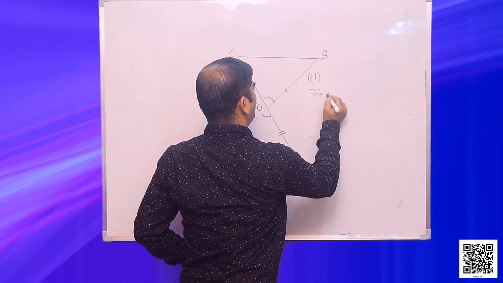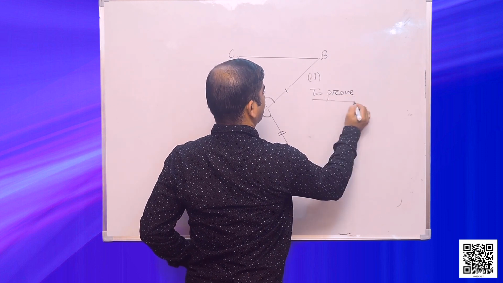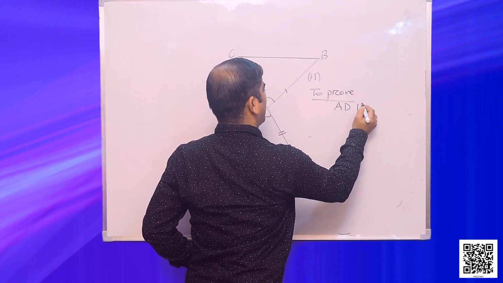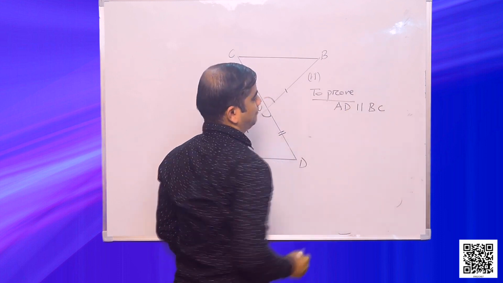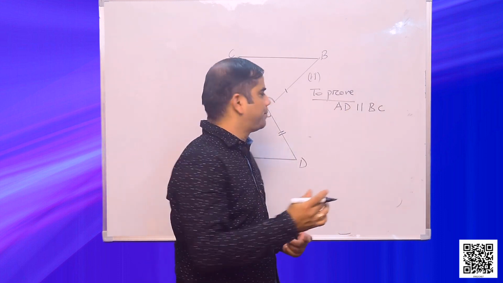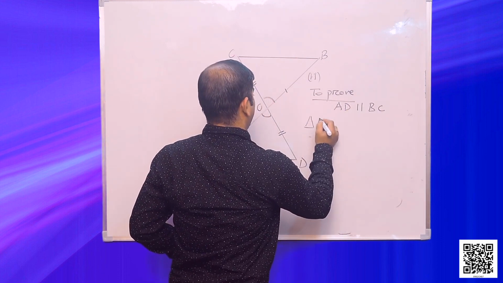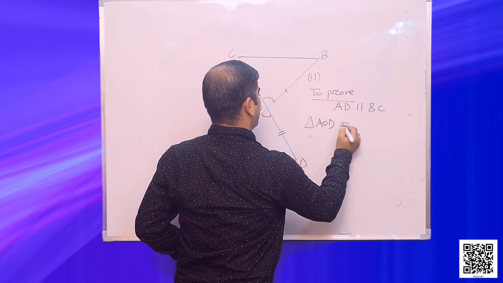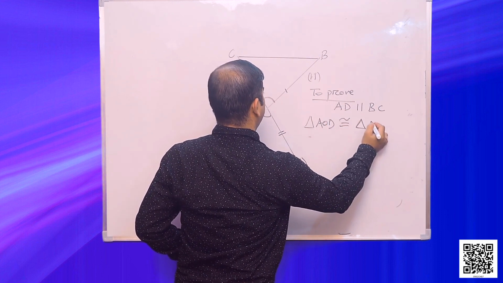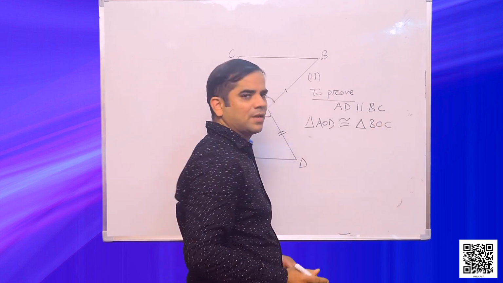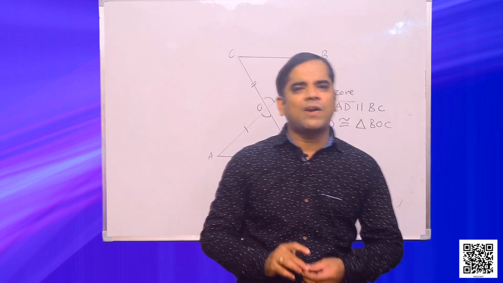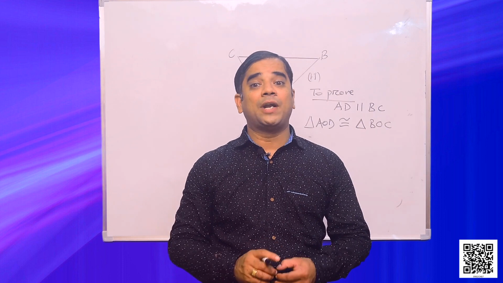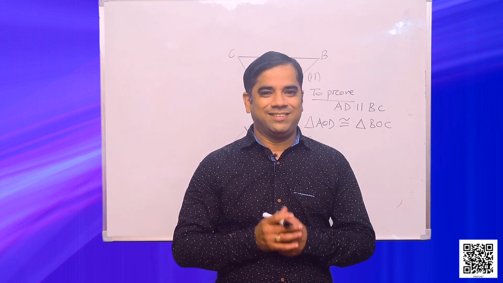So, to prove AD is parallel to BC. Up to now we have proved that triangle AOD is congruent to triangle BOC. So, in case of congruent triangles, the other corresponding parts are also equal, isn't it?